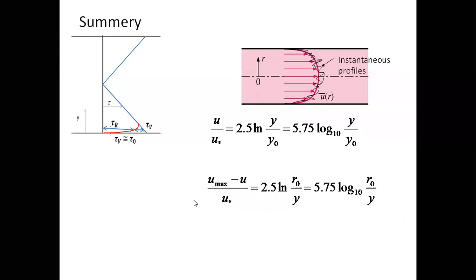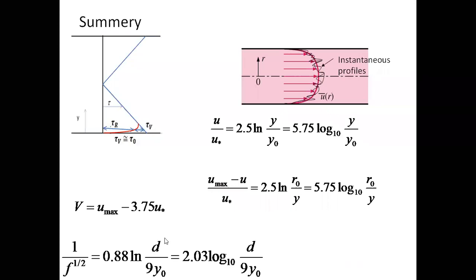Then further we learned the relationship between the average velocity, the maximum velocity and the shear velocity for turbulent flow. Then finally, we derived the friction equation for turbulent flow.